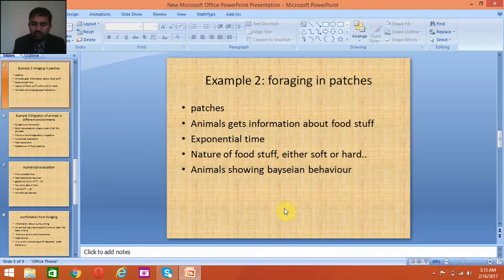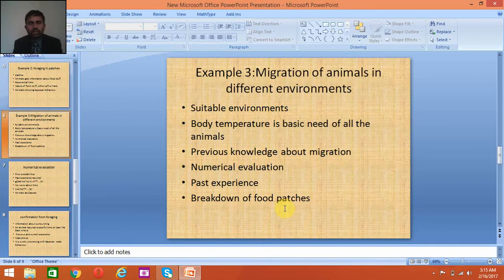Now, let us consider the third example, the migration of animals in different environments. We know that for the existence of all organisms, a suitable environment is a basic need. Body temperature is a basic need of all the animals. For this purpose, during hotness or coldness, it is a natural phenomenon that animals or some other creatures have to move from one place to another.